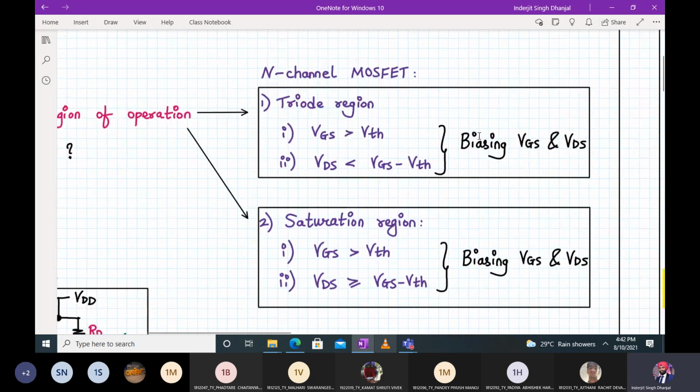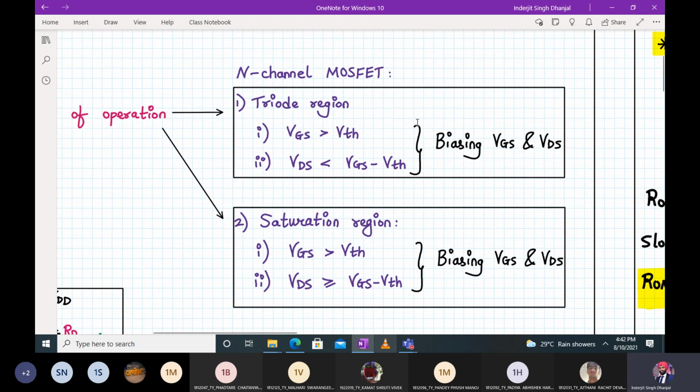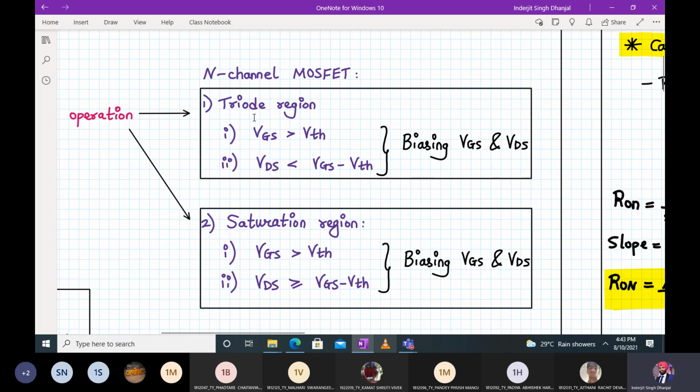Now, what do you mean by desired region of operation? N channel can be useful in the two regions of operation. One is triode region and one is saturation. Well, in cutoff the current is zero, so it's of no use to us. Right now, we are only concentrating on the triode as well as saturation. And well, the conditions for the triode region will be VGS greater than VTH, and VDS less than VGS minus VTH.